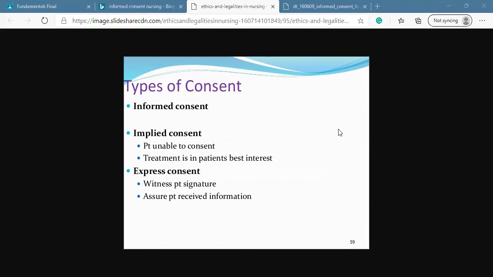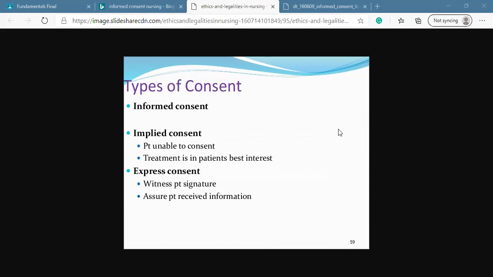So basically, with informed consent, the healthcare provider has some responsibilities, and when we work as an RN, we have some responsibilities as well.